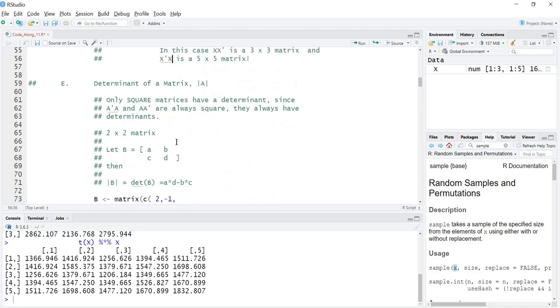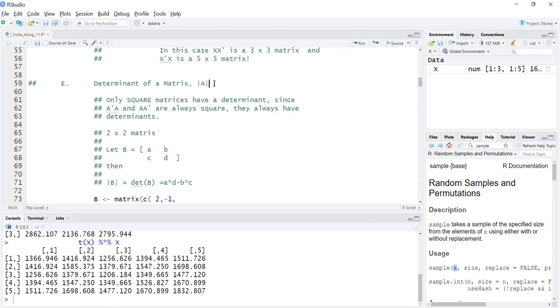Now, we're going to talk about something called a determinant. I'm not going to go through everything I have typed here, but if you're interested, I have put all the information you should need to understand this concept. The code to calculate it is very easy, but you might not know what you're calculating. There is a lot of different notation to denote the same thing.